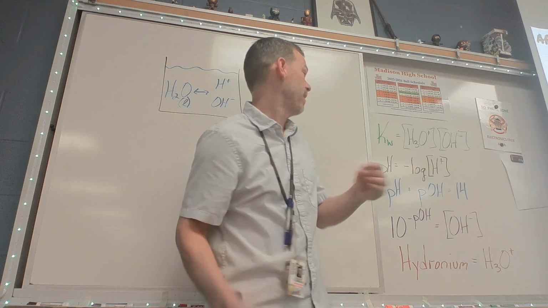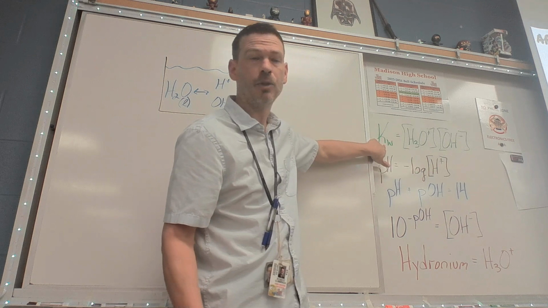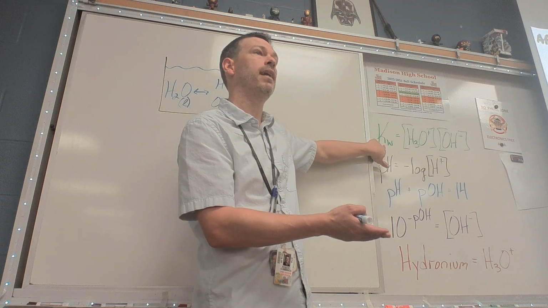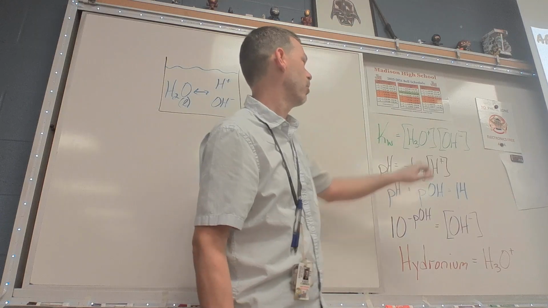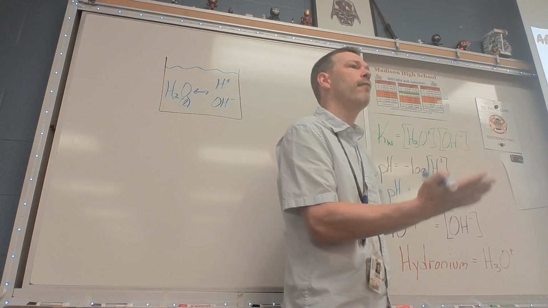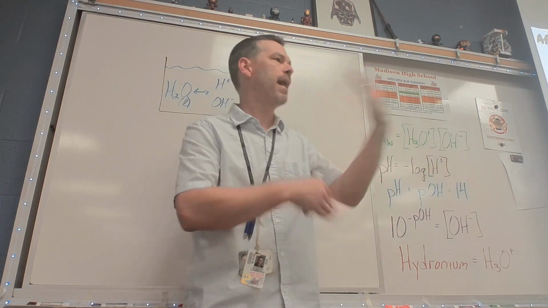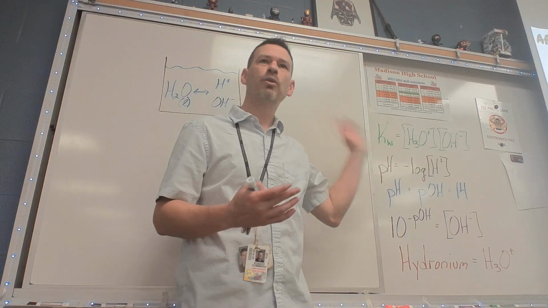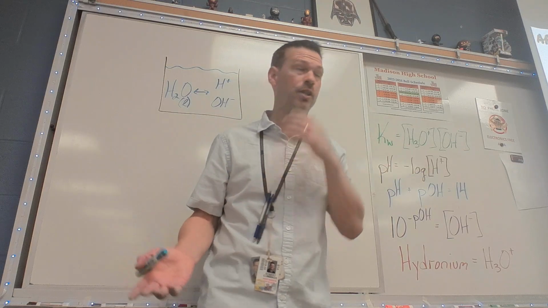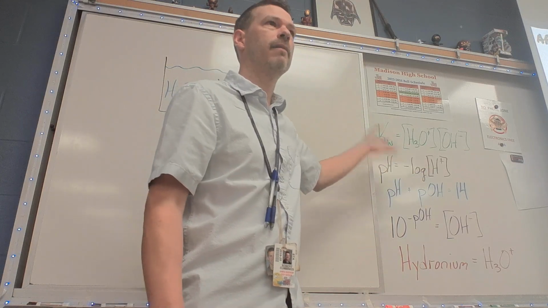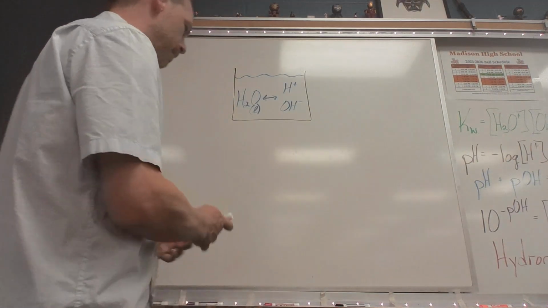The reason you can always find the other one is because you always know Kw. It's a constant value, 1e negative 14. So since you always have that number, if you have one of those, you mathematically have the other. And you'll see today and tomorrow and Thursday that that's a really important idea that you'll be using a lot. But it's born out of this idea.